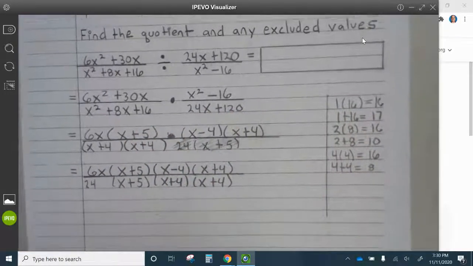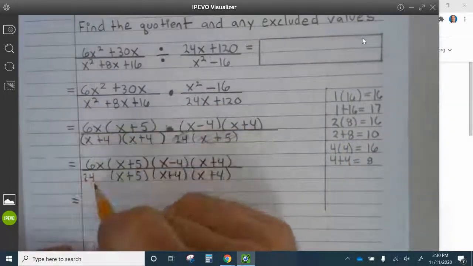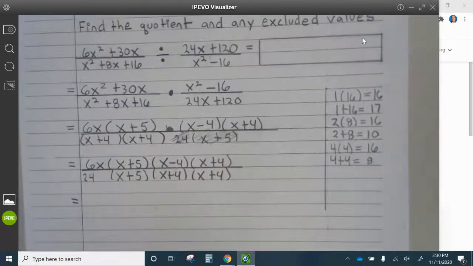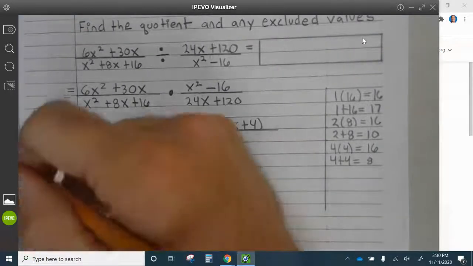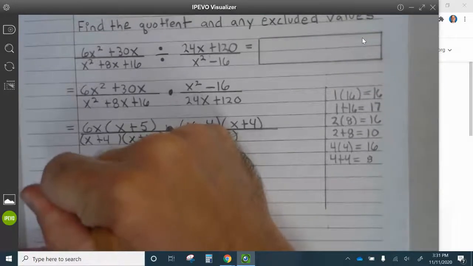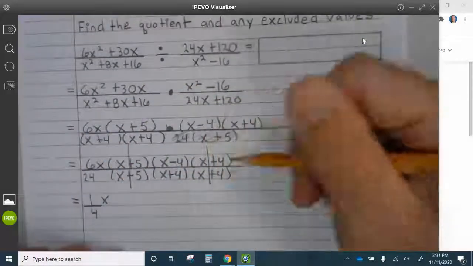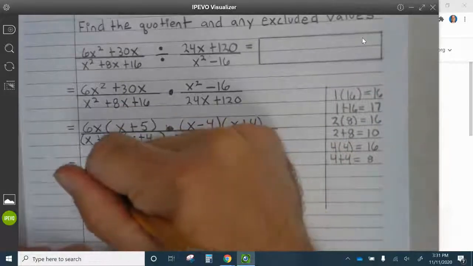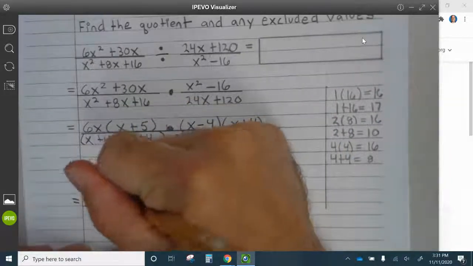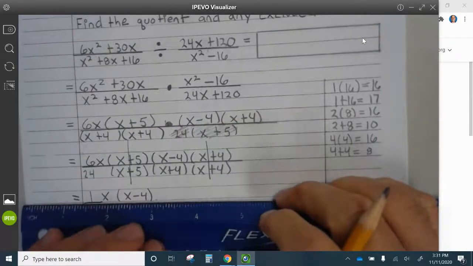Okay, so now 6 divided by 24 reduces to be 1/4. X, this divided becomes 1, this divided becomes 1, so times x minus 4 divided by x plus 4.